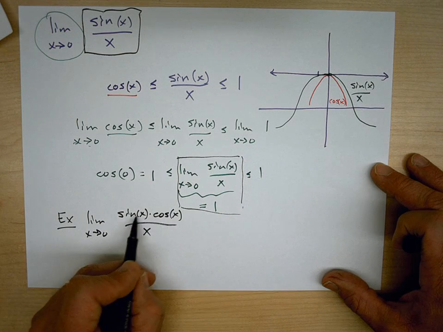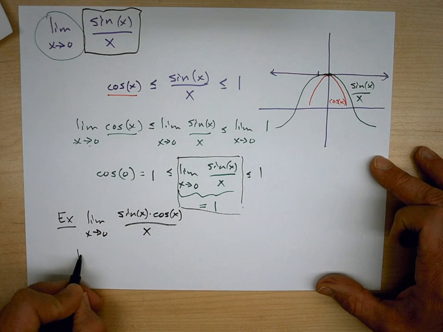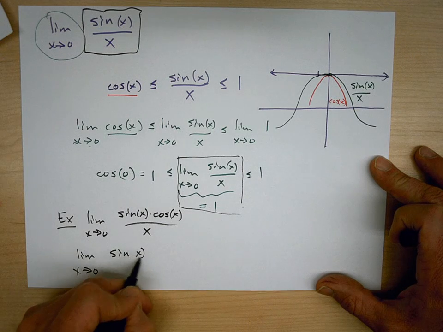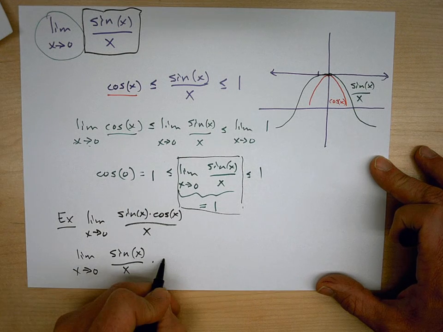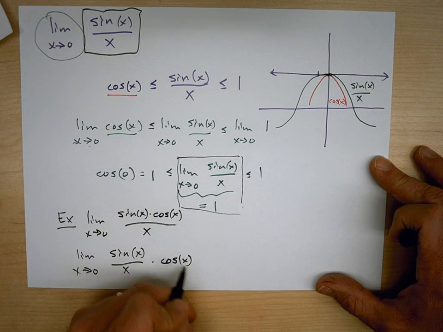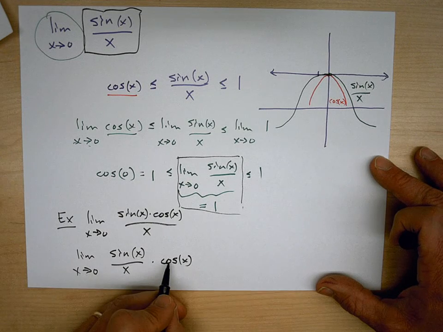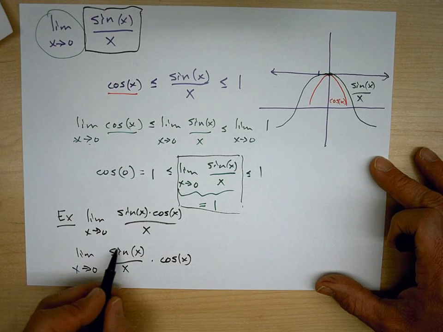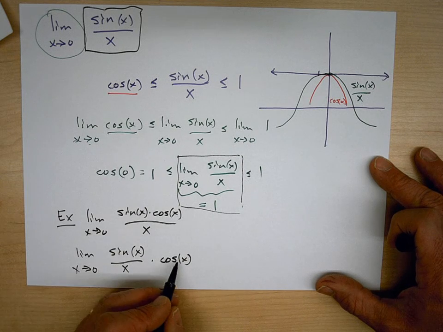So here you can see one way we could rewrite it: the limit as x goes to 0, we can just rewrite this as sine of x over x times cosine of x. And then we use our limit laws, which is the limit of a product is the product of the limits as long as each of those limits exist. Now we already know this one exists. We just showed it. And this is continuous, so we know that exists.